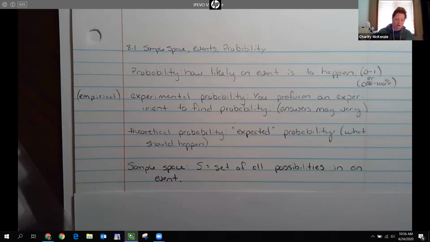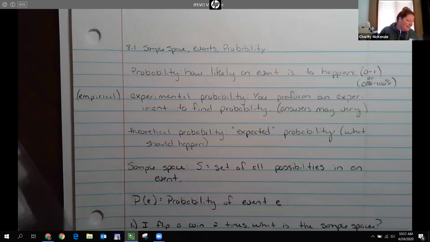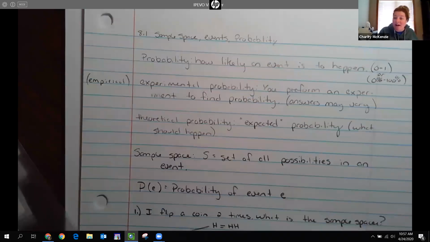You could list them and just say the number. If I have a deck of cards, what's my sample space? 52 cards, right? I could list them all, but no thanks. I just say there's 52 cards in the sample space. Why is that important? Because that's going to be our denominator of our probability.